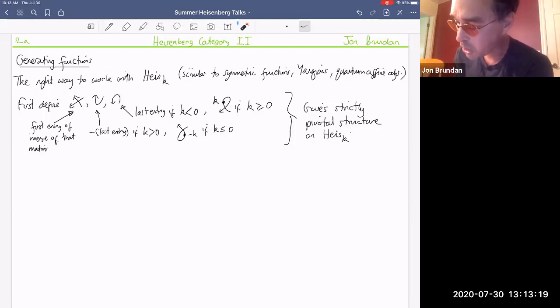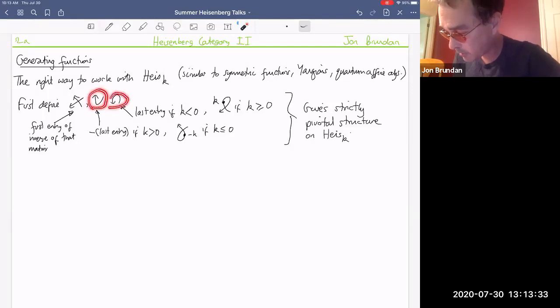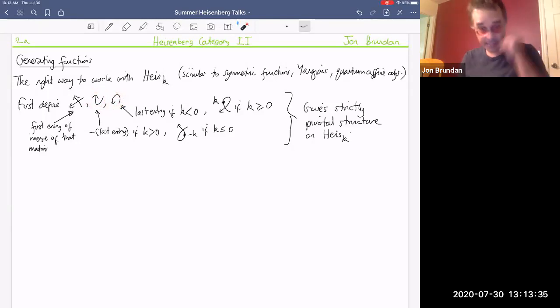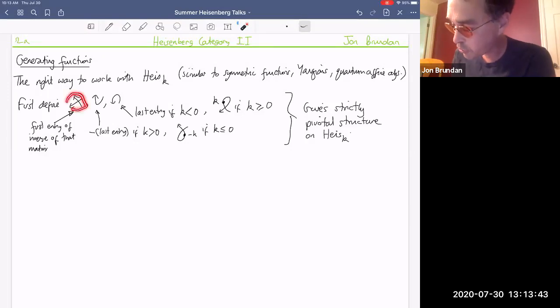So to start with, I've got the rightward crossing, which I already defined earlier, but I need to introduce the leftward crossing. And I had the rightward cups and caps, which were generating morphisms, but I need to define the leftward cup and the leftward cap. So that's kind of just a little bit of silly chasing of definitions of this presentation of Heisenberg that we started with. The leftward crossing is just, remember that matrix that had to be invertible?